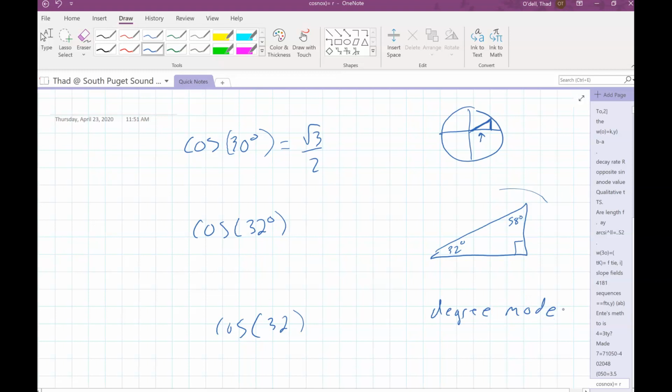And so if you're doing this with me, you could type in cosine, make sure you're in degree mode, type in 32, hit equal, and I got approximately 0.848048, etc.